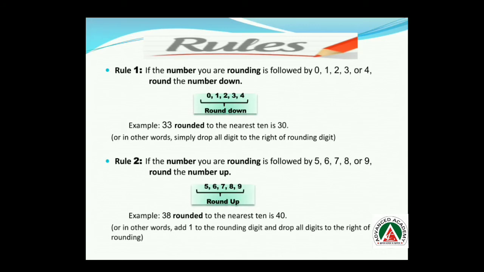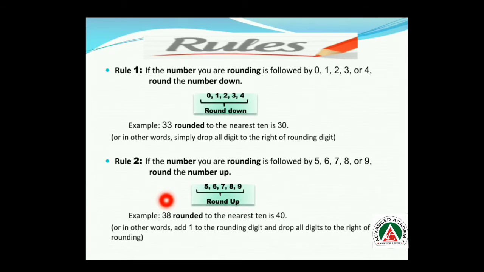Or in other words, simply add 1 to the rounding digit and drop all digits to the right of the rounding digit. That means if you have to round off to the nearest 10, what is in the tens place? 3. So you just add 1 to 3, and whatever digits are towards the right, just drop them and make them 0. Okay, so this is what we had done in this rule.